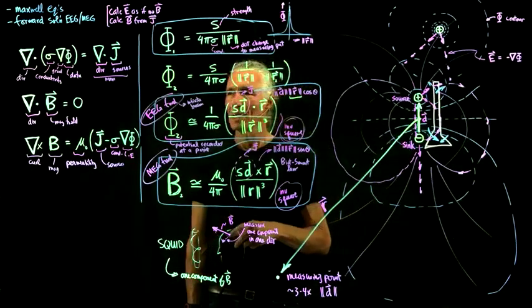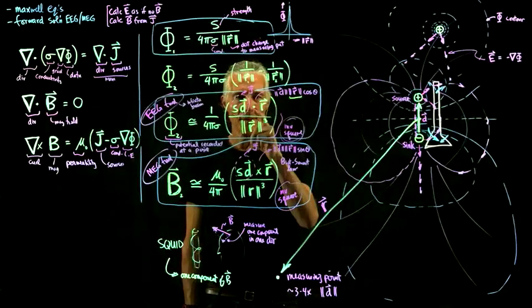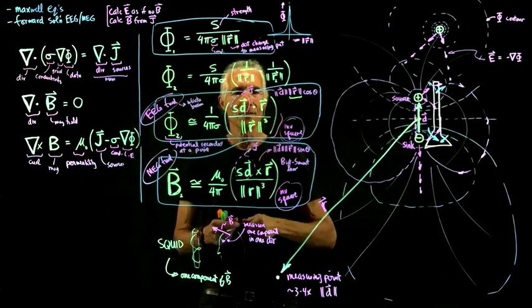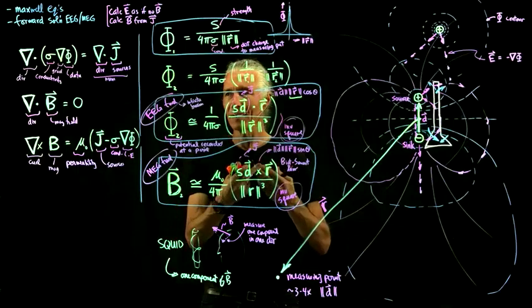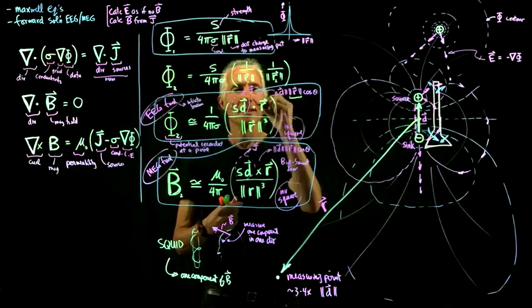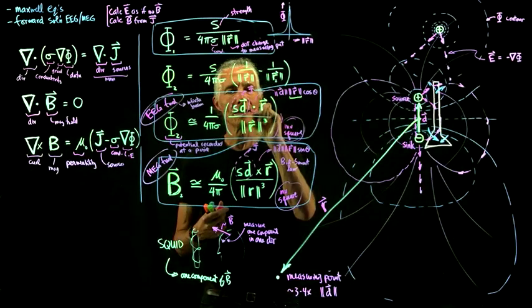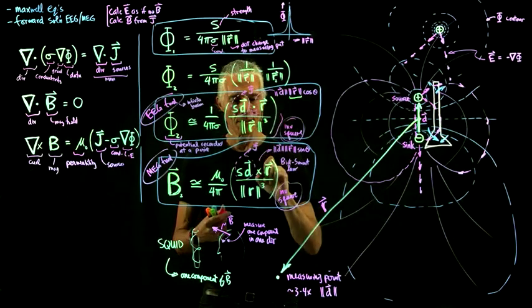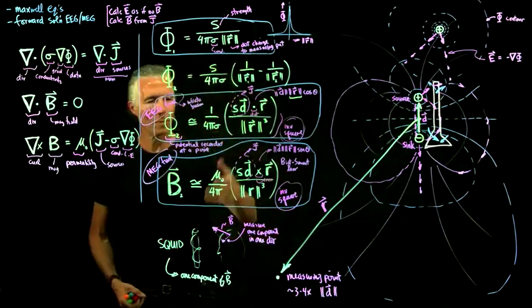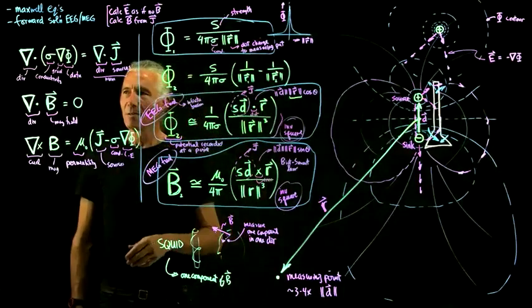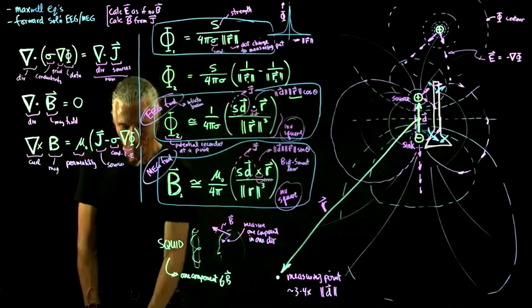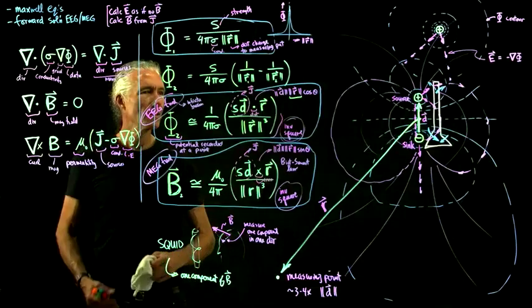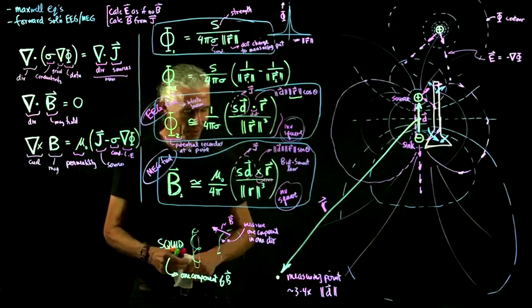Because of the cross product versus the dot product, these things are kind of perpendicular: this is the dot, and this guy's the cross. So you end up with these two parallel forward solutions, both inverse square. Any questions so far?